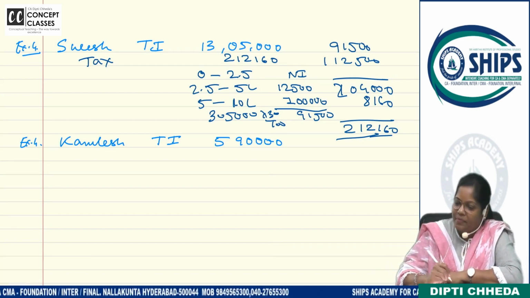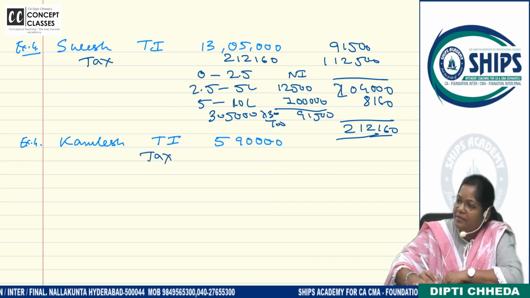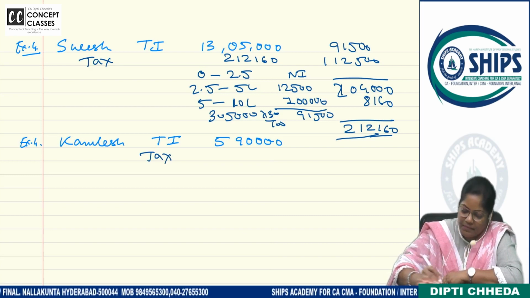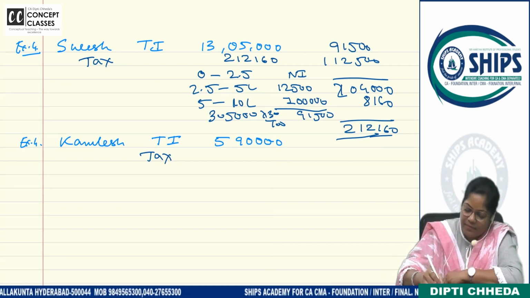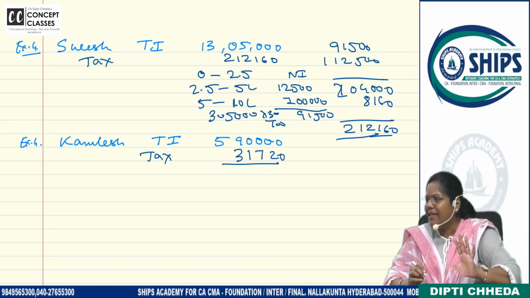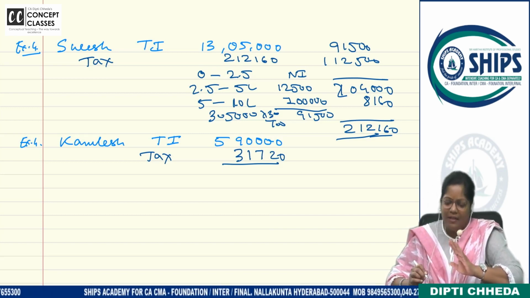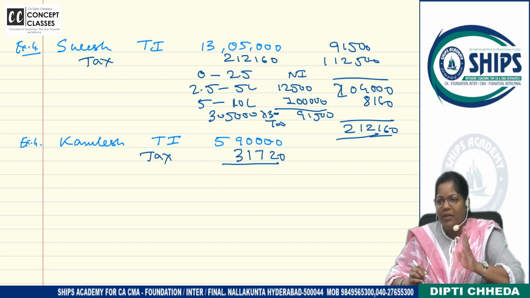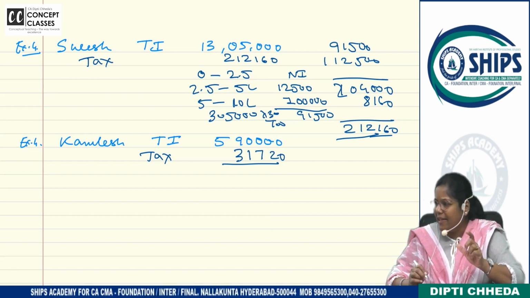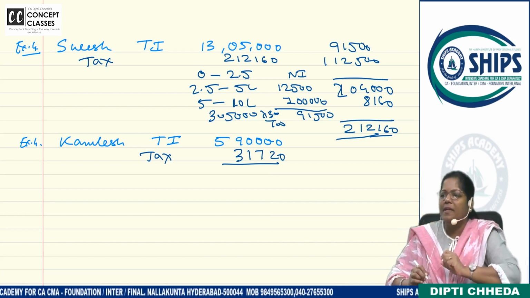How much is it? 5,90,000. How much is the tax coming to? 31,007. Fine, I need not calculate. You all got 12,500, and then on 90,000, 20% is 18,000, and on tax 4%.